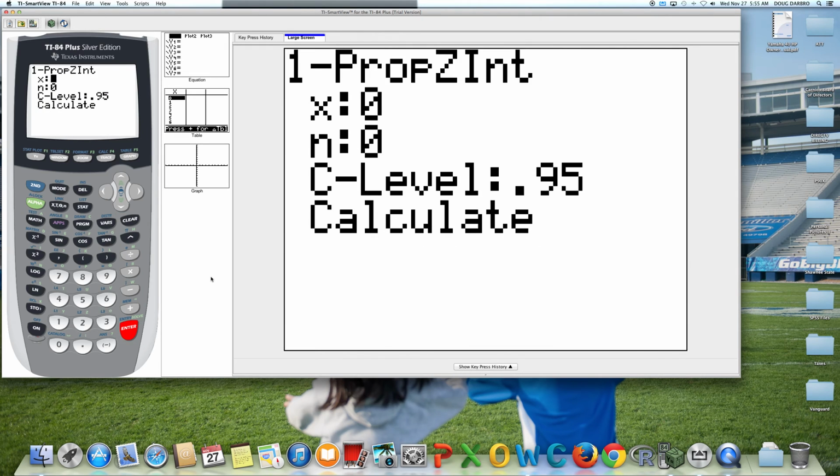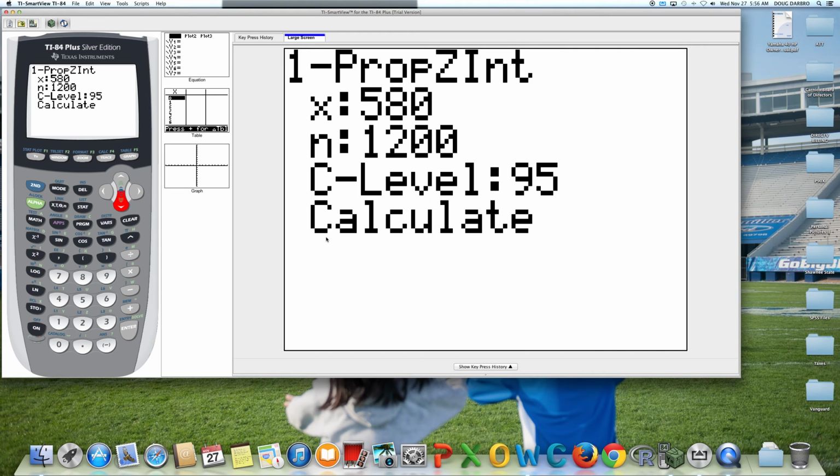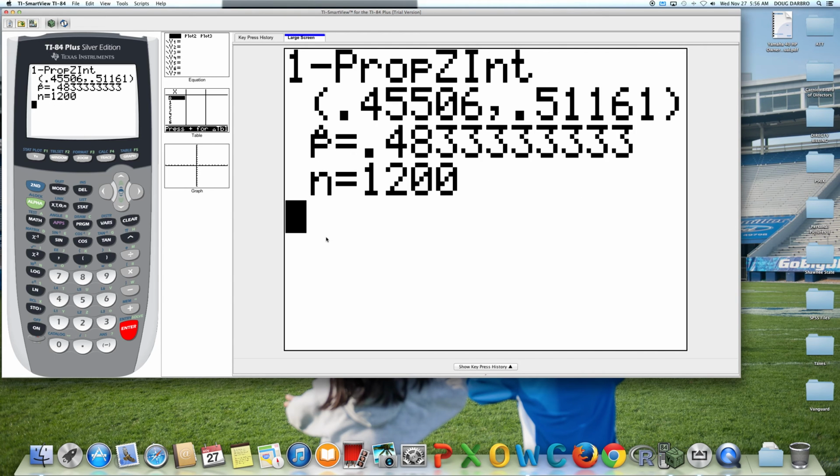So let's go in there. X is the number on top of the p hat, so in this case it would be 580. Our total sample size is 1,200. We have a 95% confidence interval, and now we're going to calculate.